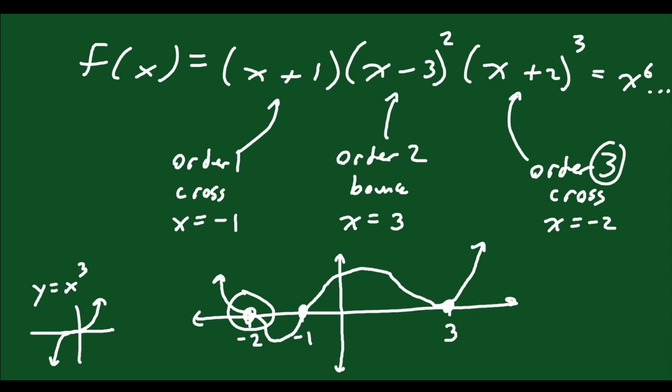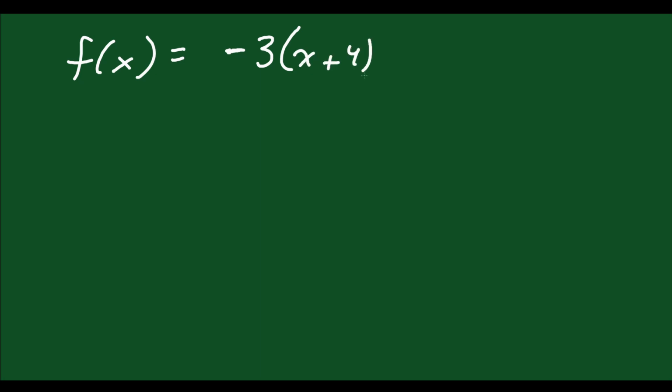Let's do one more. Let's say we have f of x equals negative 3 times x plus 4, times x plus 2 squared, times x minus 1 cubed, times x minus 2 to the 5.